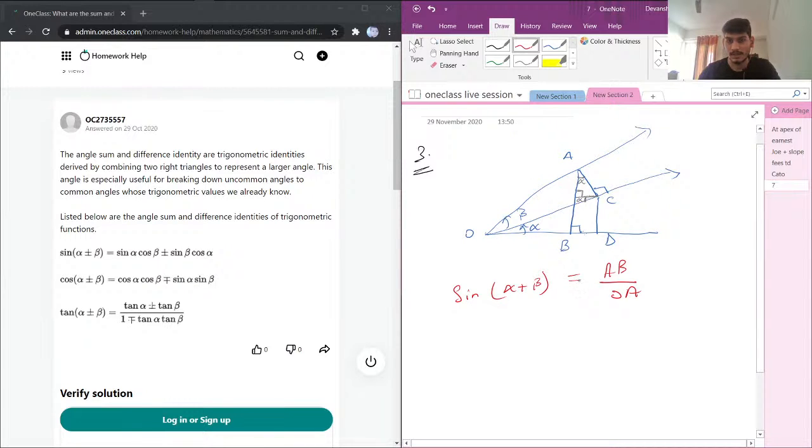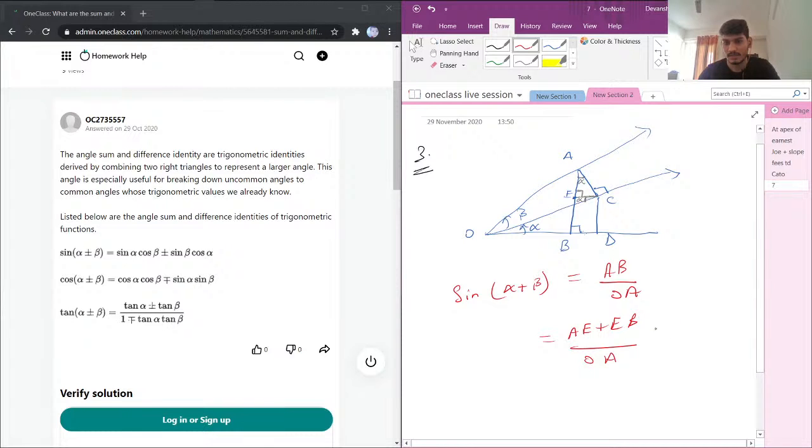Then what I can do, I can write AB as, I'll just write this coordinate also as E, this one. So I can write AB as AE plus EB, AE plus EB over OA.